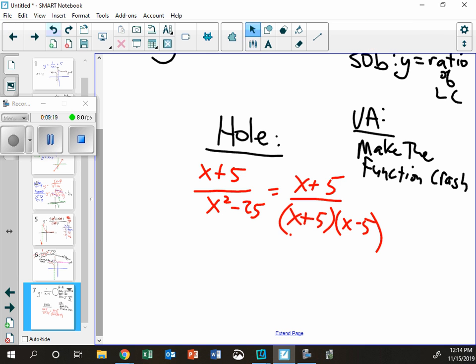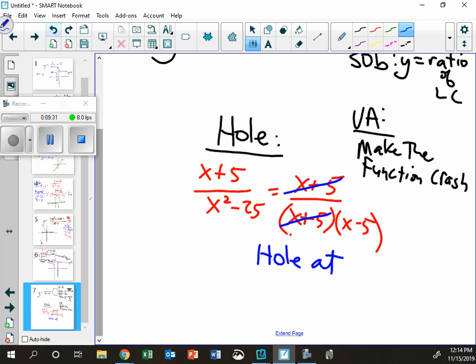And now that cancels that and it just created a hole in the function. This would make a hole not at 5, a hole at x equals negative 5. Positive 5 is this guy, and it still causes a problem, but it's not a hole. The one that was the hole was this one, and that negative 5 is the culprit there.